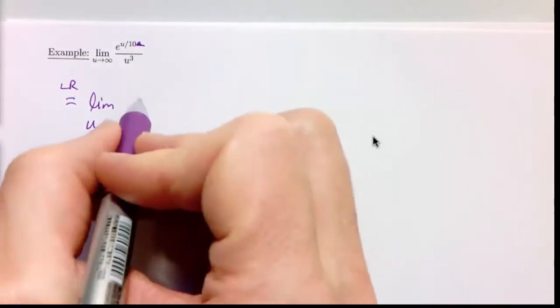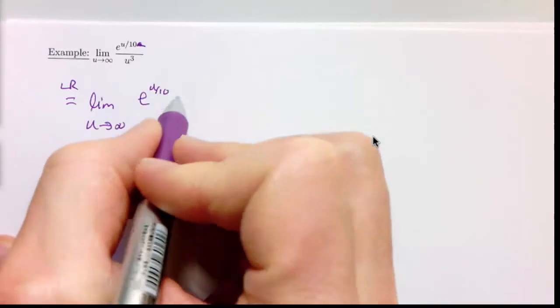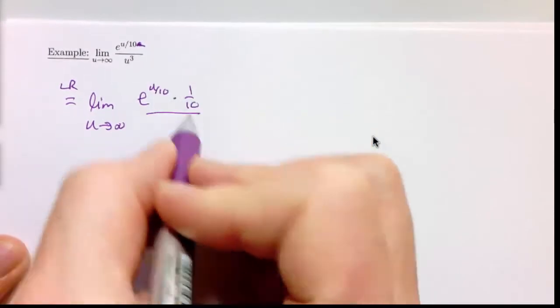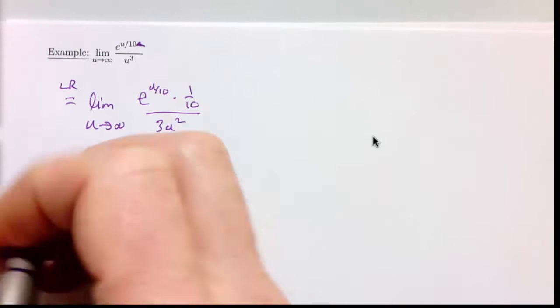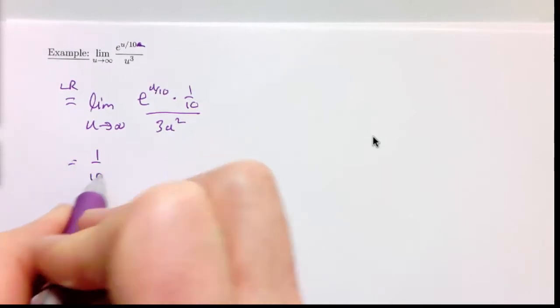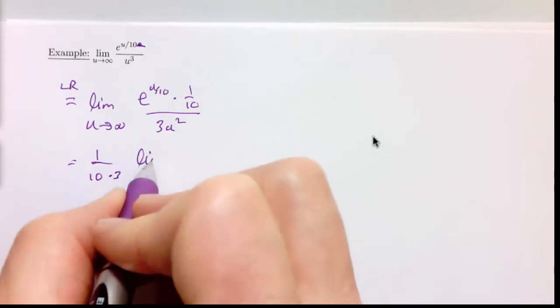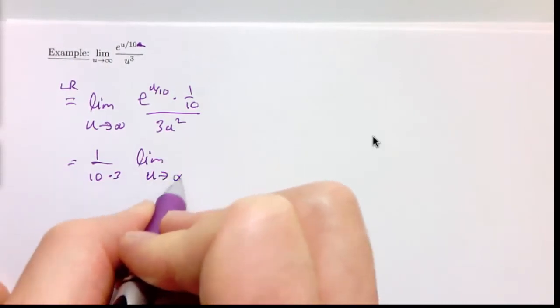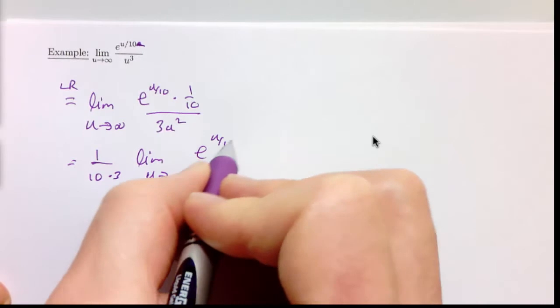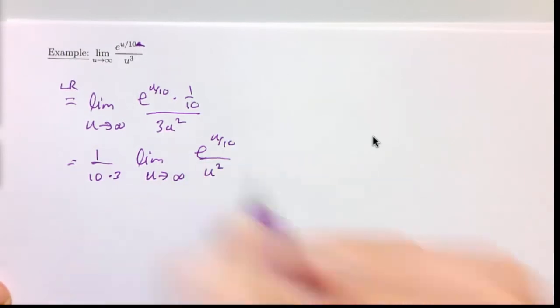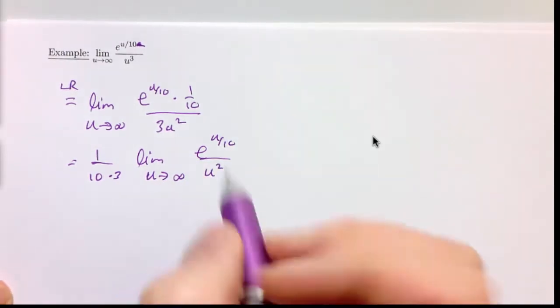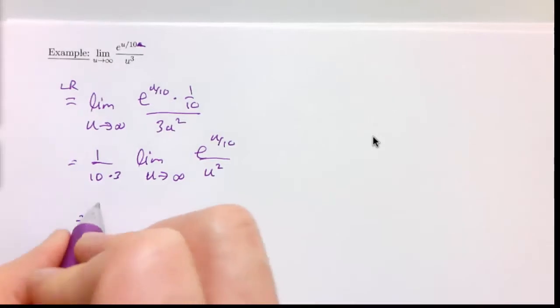Differentiate the top. Derivative of e to the stuff is e to the stuff times the derivative of the inside, derivative of the bottom, straightforward. I'm just factoring out the constants. L'Hopital's rule applies again because we still have infinity over infinity.